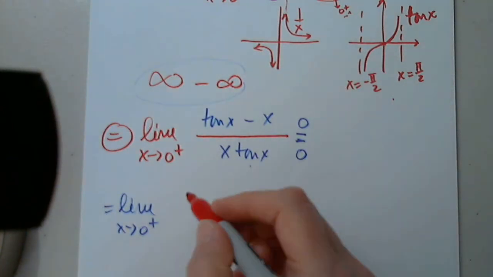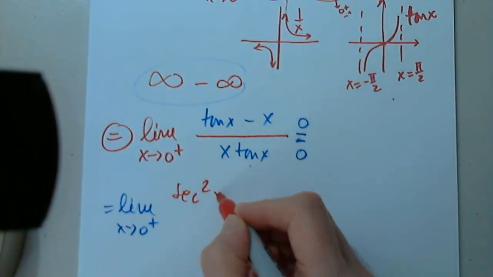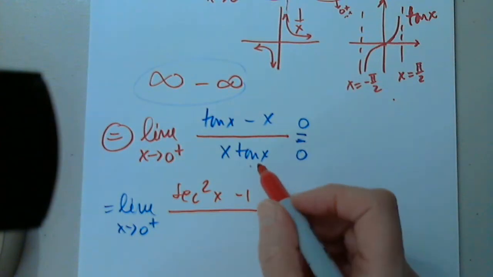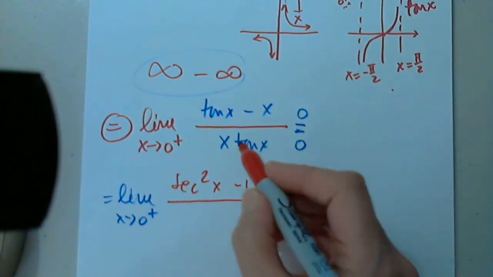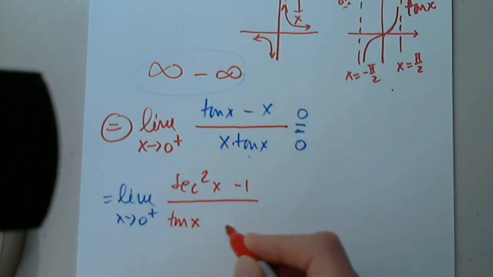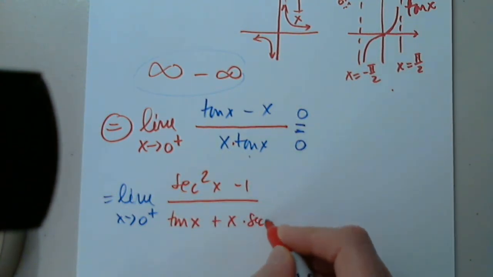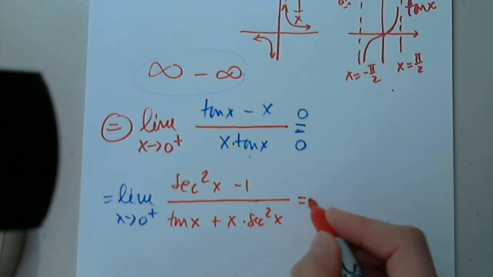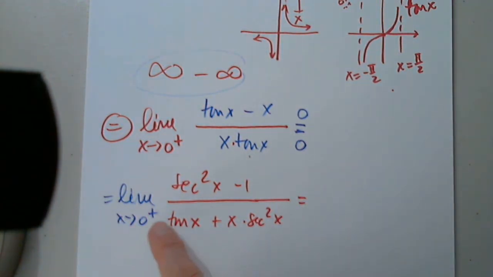Okay. So then I have secant squared minus 1. Careful, it's a product rule. So the first function's derivative is 1, tangent x, plus x times secant squared x. Now I check again. This is 1 minus 1.